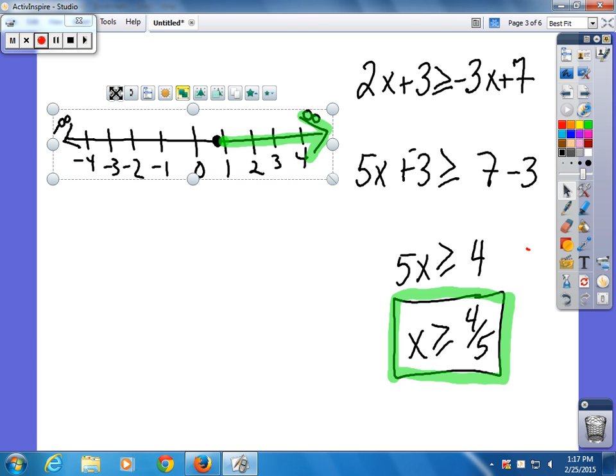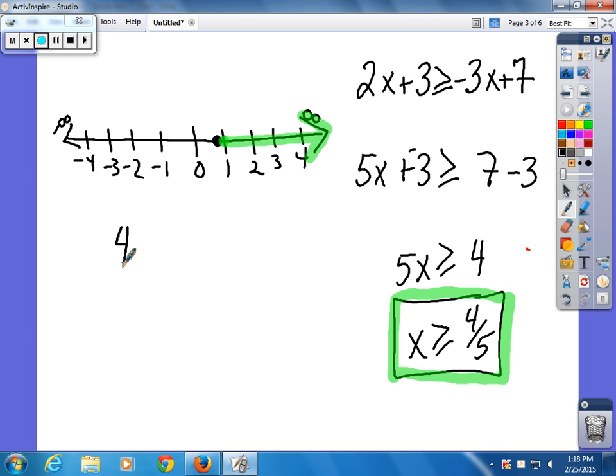So our eyes start right here, negative infinity. And we go, and we go, and we go, ding! Where do we hit the solution set? At 4/5. Do we use a parenthesis or a bracket at 4/5? Well, what do we have here? So what does that go with?